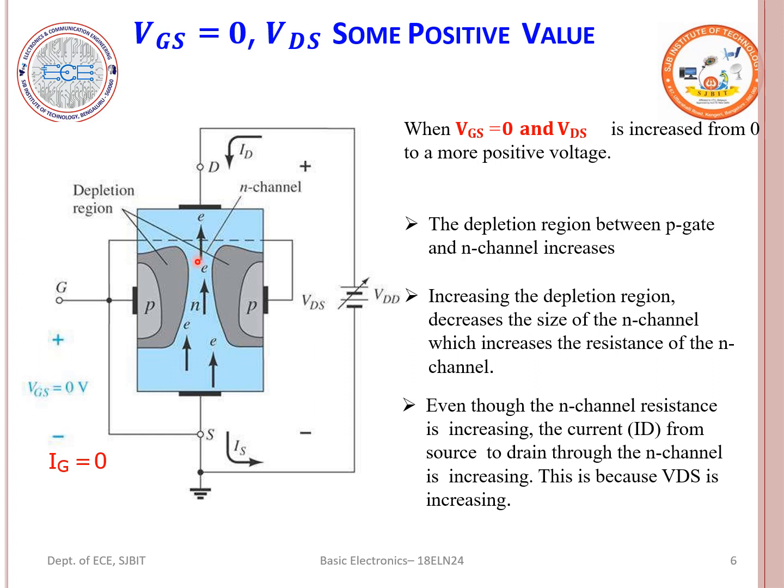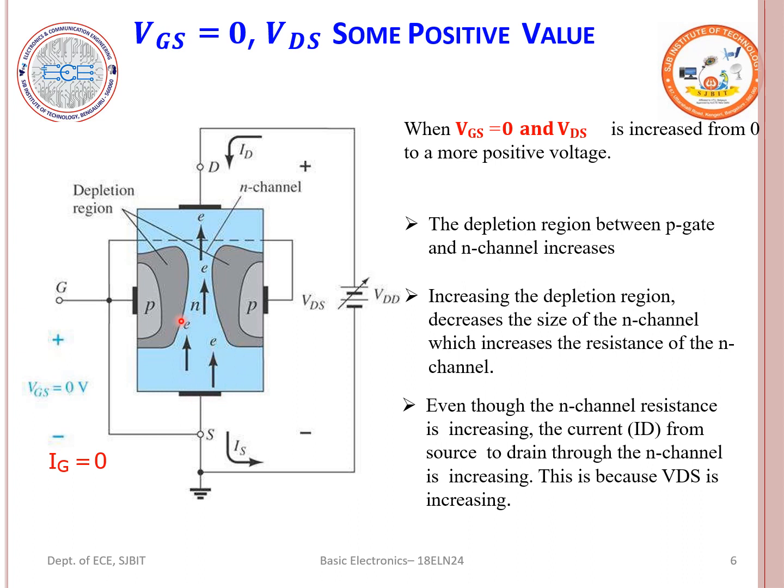Let us first study the construction of the JFET. This is the basic structure of an N-channel junction field effect transistor. The drain is at the upper end and the source is at the lower end of the channel.